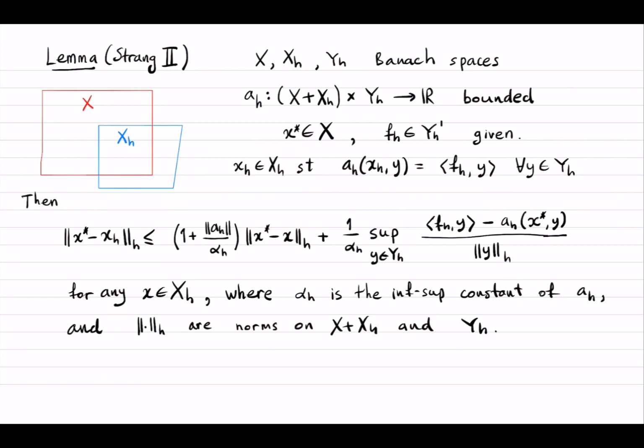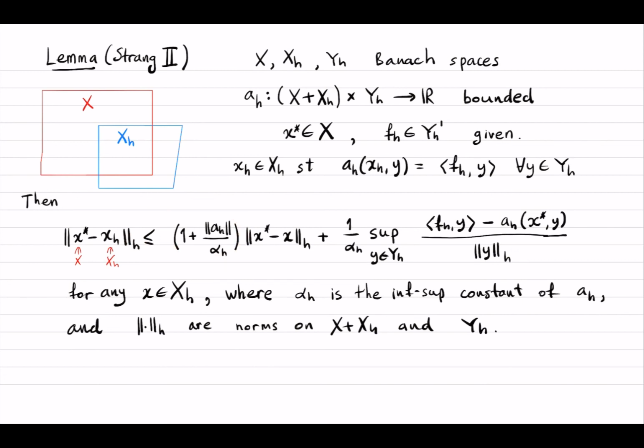Then the lemma says that the error between x star and x_h in this h norm, so remember this x star is in X and this is in X_h, so the difference will be in X plus X_h, and we're measuring that norm in this h-dependent norm, is bounded by a similar constant here.